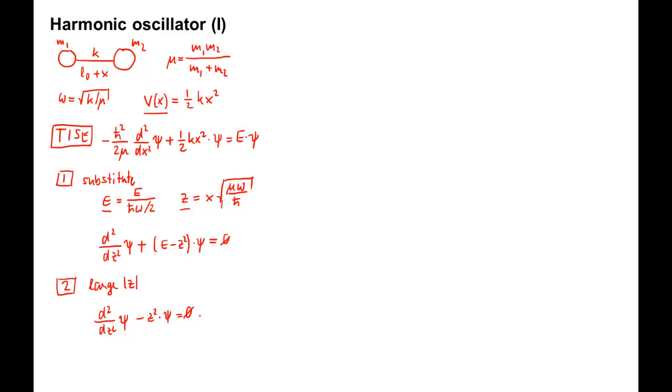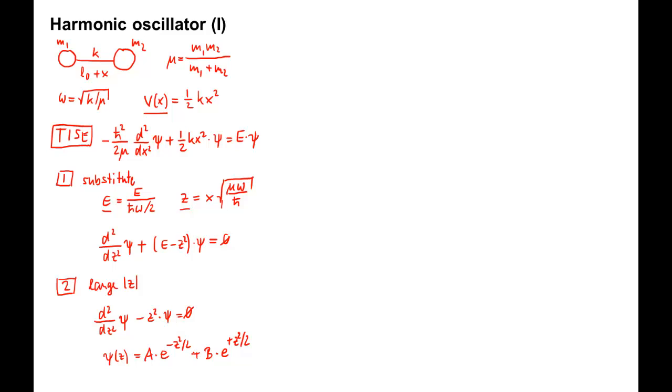The general solution for this equation contains two exponentials. Psi of z equals some constant a times e to the negative z squared over 2 plus b times e to the positive z squared over 2.